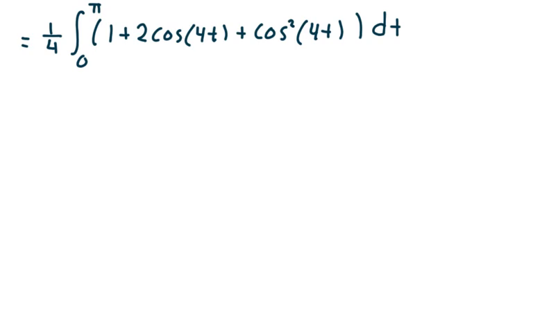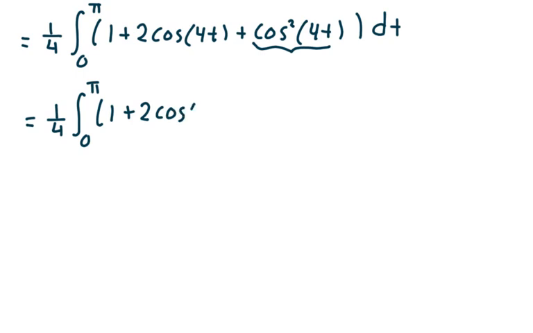Now, we're going to need that power reducing formula again. And so from here, we get 1/4 the integral from 0 to pi of 1 plus 2 cosine of 4t plus, and then it's 1 plus cosine, and then I'm going to double this angle here. So I'm going to get 1 plus cosine of 8t divided by 2.